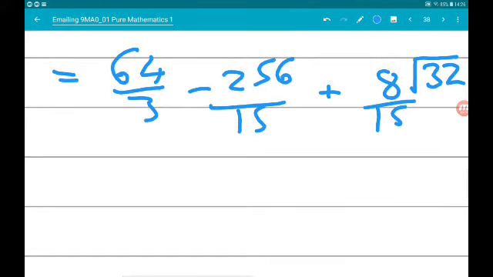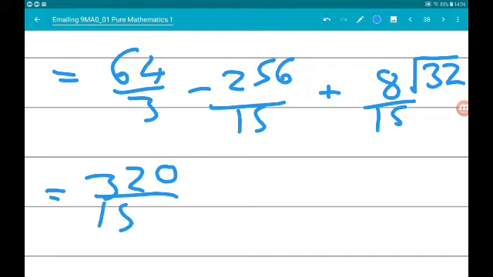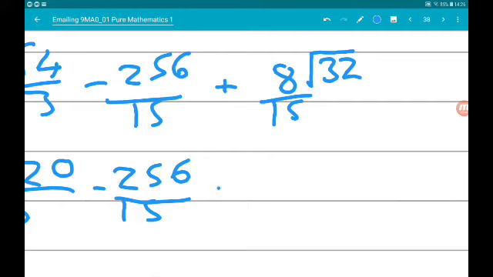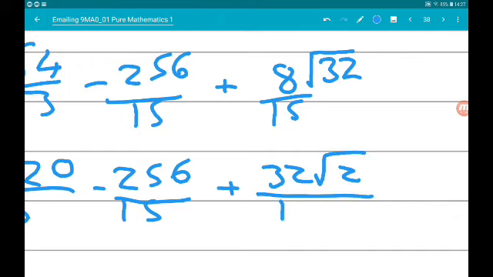So 64 over 3, if we turn that into 15ths, is 320 over 15 minus 256 over 15. And then we got add. Now, root 32 is root 16 root 2. Root 16 is 4. So we got 8 times 4 root 2, which is 32 root 2 over 15.